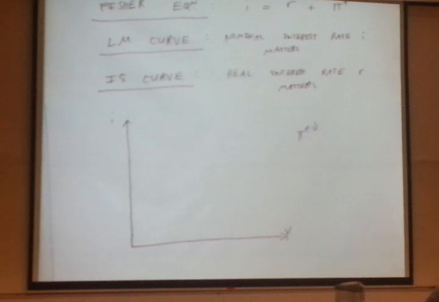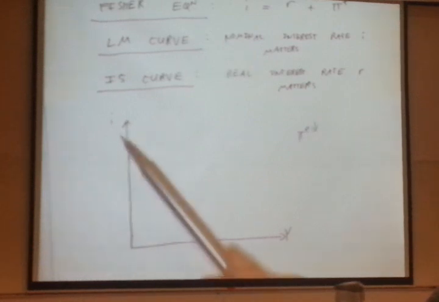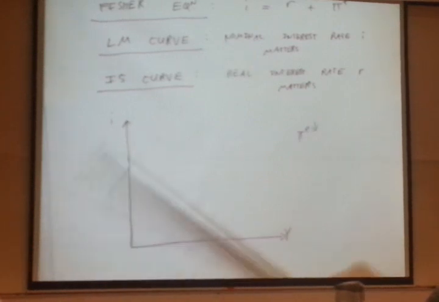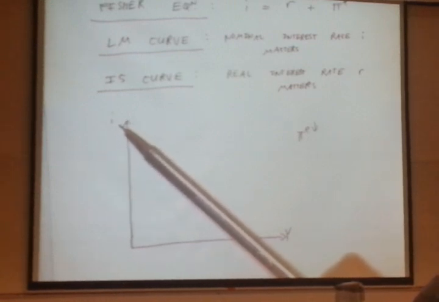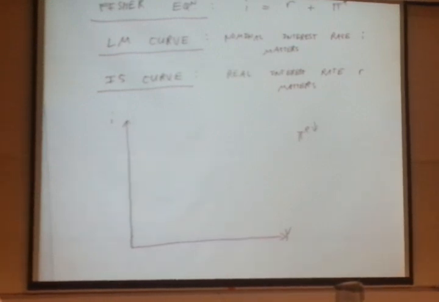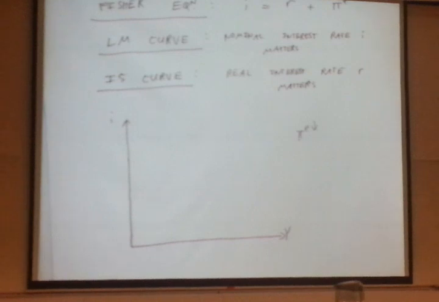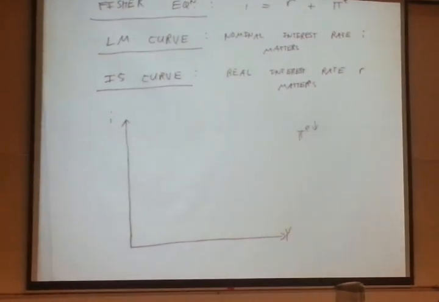So, I'm drawing the ISLM diagram with the nominal interest rates on the vertical axis, which you know is the appropriate choice so far as the LM curve is concerned. So that's our LM curve.